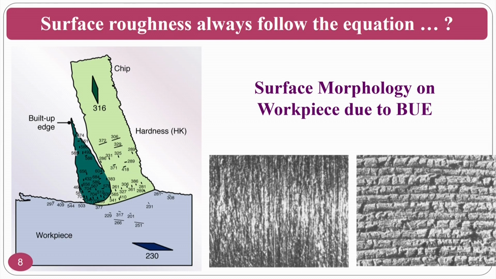At the same time, the built up edge that is forming also influences the surface roughness. These are the built up edge fragments that are taking part on the workpiece. If that takes place, metallurgy will change as well as surface morphology will change. That means that our surface roughness will be changed.